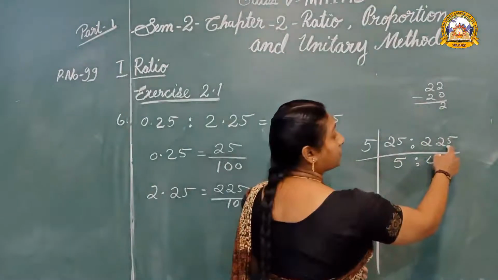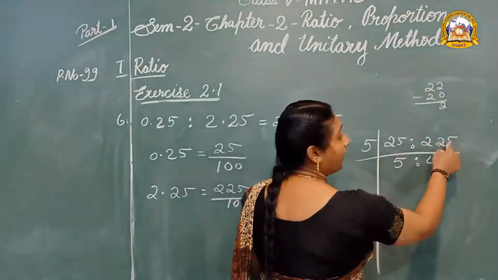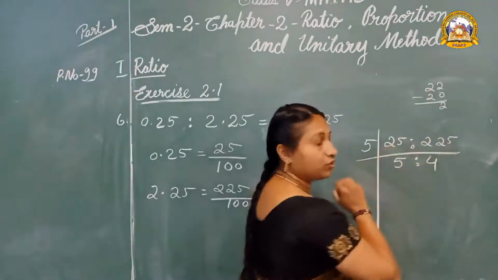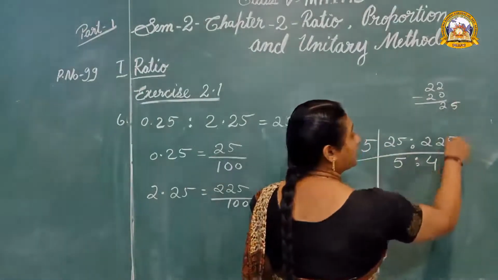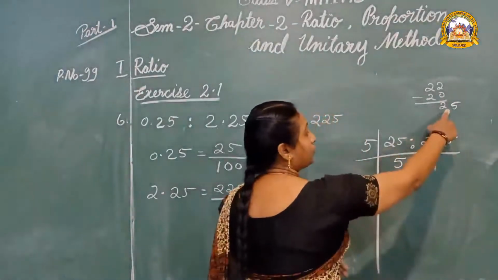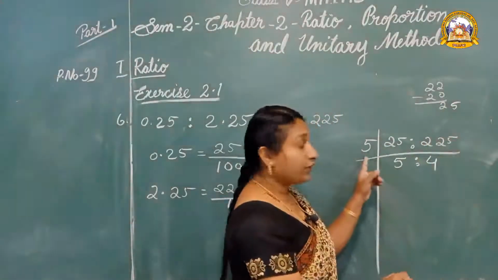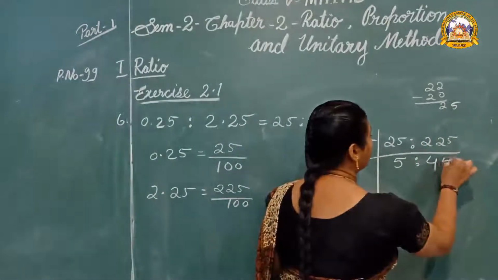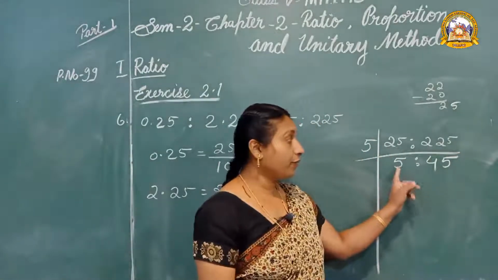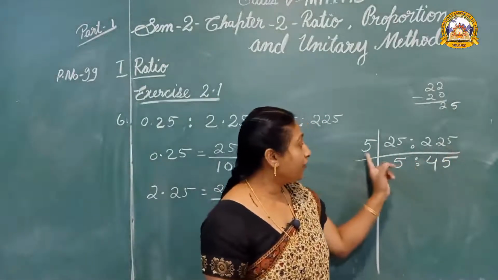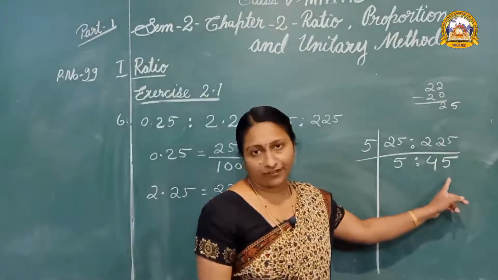So, let us put this 2 behind 5. So, it will become 25. In 25, how many 5's are there? 5 5's are 25. So, 25 divided by 5 is 5 and 225 divided by 5 is 45.